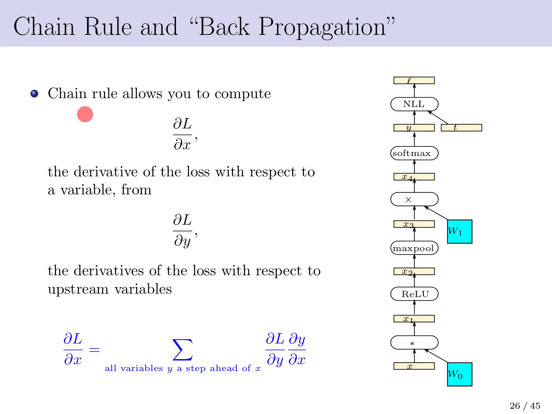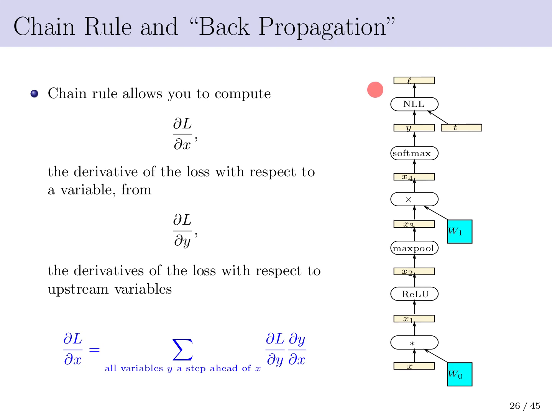The chain rule allows you to compute the derivative of loss with respect to a variable in a layer if you are already given the derivative of L with respect to another variable y that is above x in the network layer.